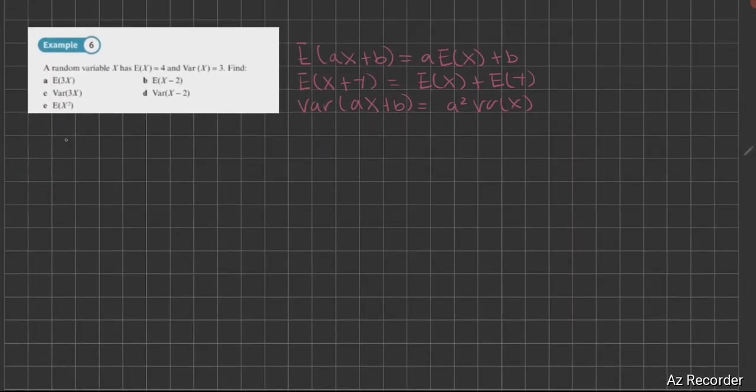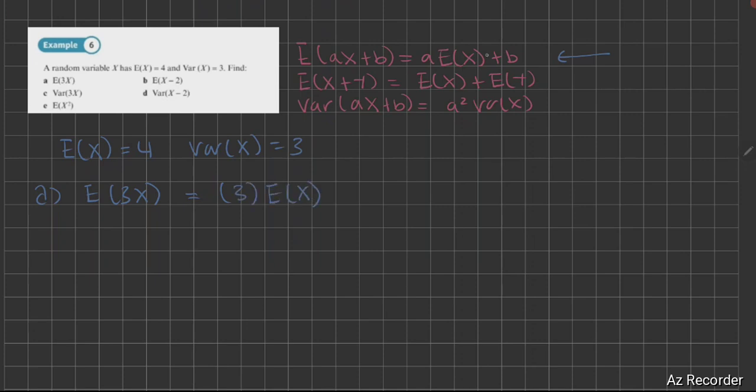So a random variable x has the expected value of 4 and the variance of 3. So E of 3x, if we look at our rule, a is 3, so 3 E of x.